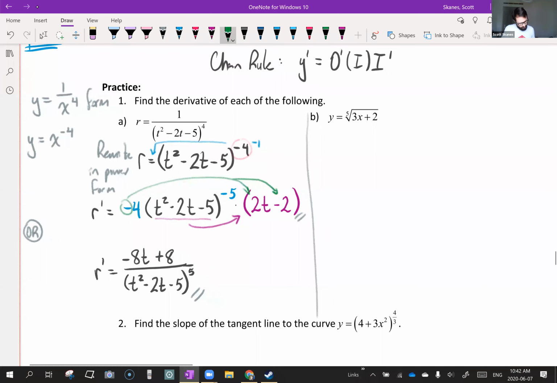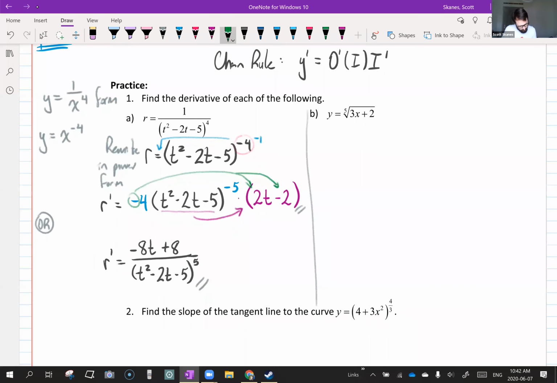Let's do another question. Let's do question B. The first thing I'm going to do is rewrite it because I want it as a nice power. So keep the inside the same, and that power of 5 is a root. It looks like a square root, right?